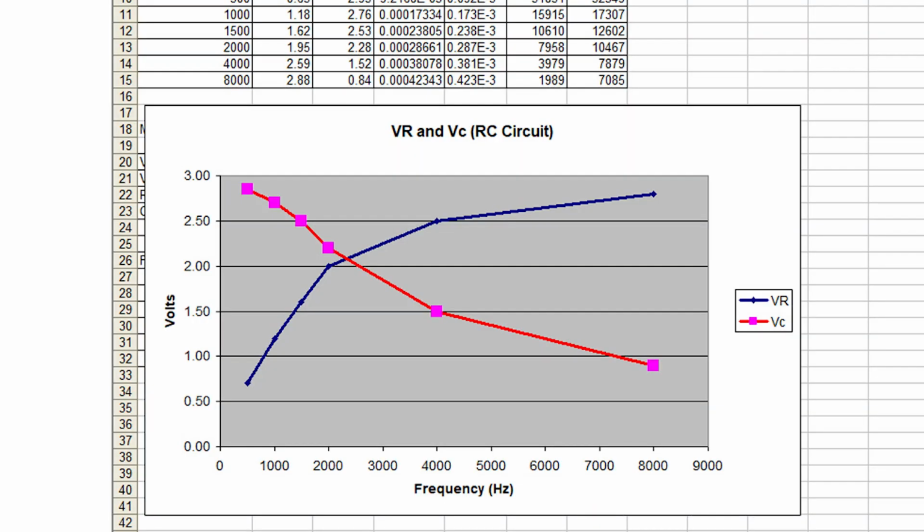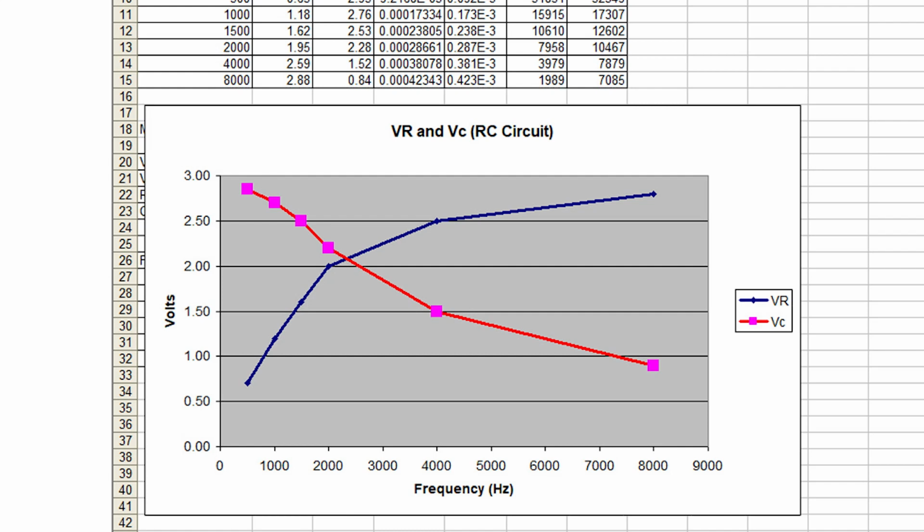It would be rather tedious to make a bunch of hand calculations, so what I've done is plug this into an Excel spreadsheet and take points at 500 Hertz, 1000, 1500, 2000, 4000, and 8000 Hertz, and done the calculations for VC and VR. On the chart, the red line represents the voltage across the capacitor and the blue line represents the voltage across the resistor.